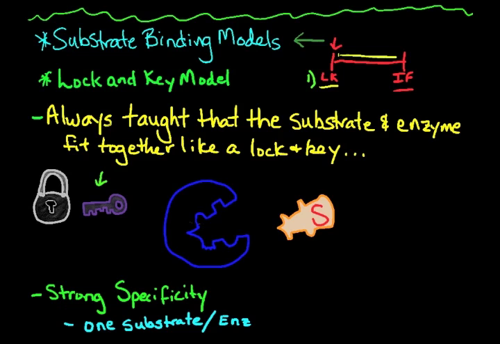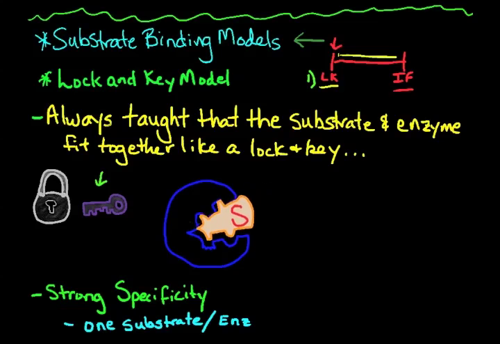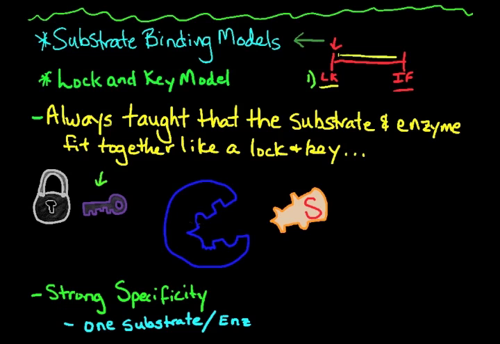So anyway, the active site of the enzyme is rigid and defined, and the substrate then, of course, fits into that active site like a key fitting into a lock. In this model, the positions of the residues, the amino acid side chains, in the active site of the enzyme are rigidly defined.